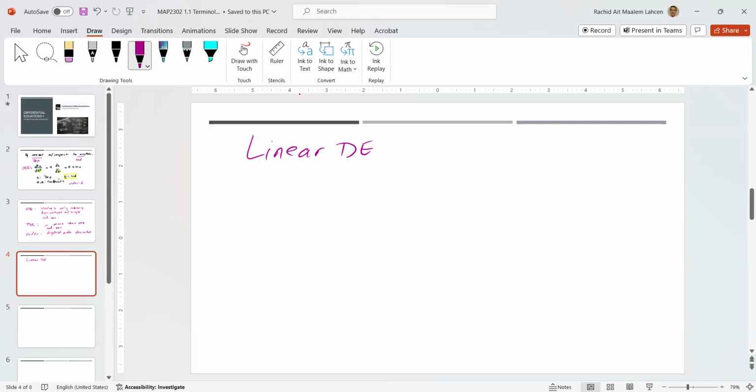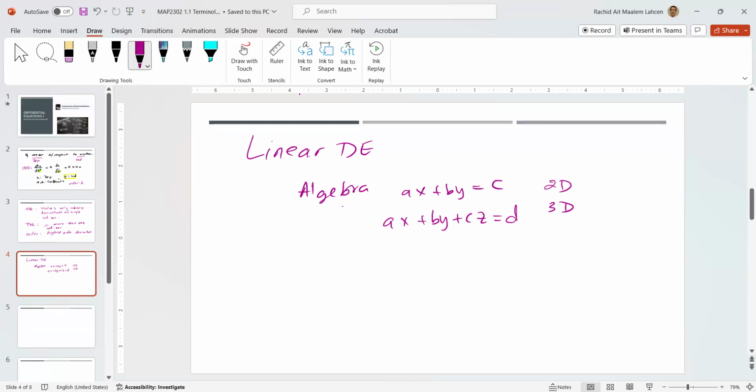Going back to algebra, we say ax plus by equals c is a linear function, a line, if it's in 2D. If it's in 3D, you just add the third dimension.